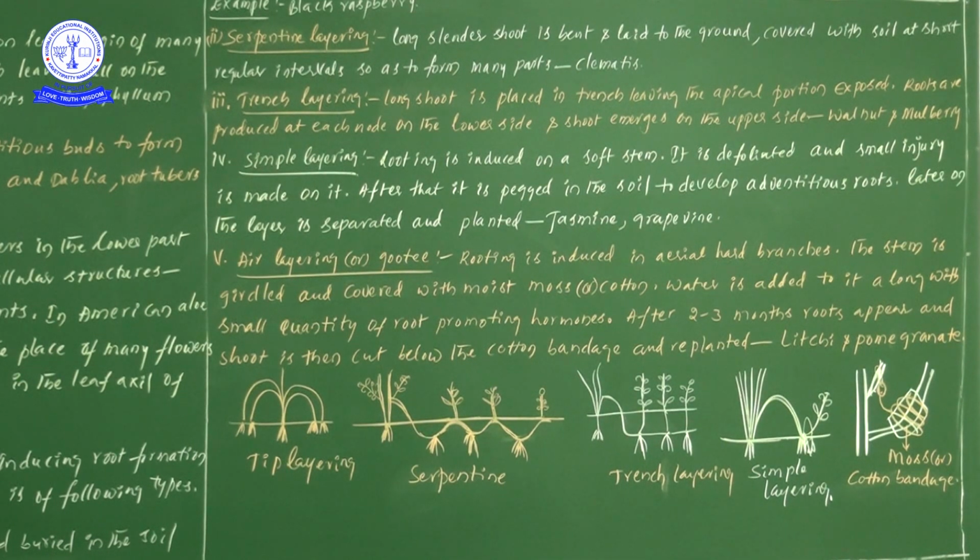So the best example of tip layering is black raspberry. Just a simple thing, in tip layering the tip portion of the shoot is bent and kept in the soil. Their best example is black raspberry.